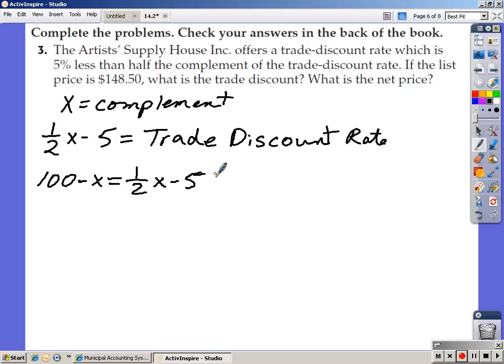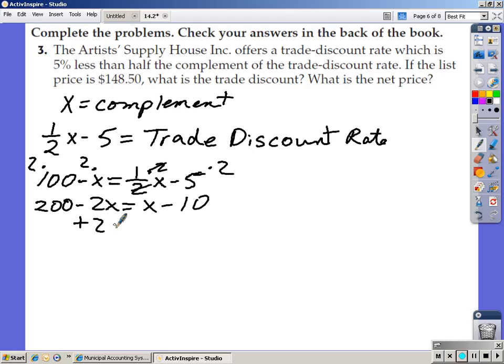Again, we've got to get rid of the fraction, so times everything by 2. 200 minus 2x equals x, because that cancels, minus 10.